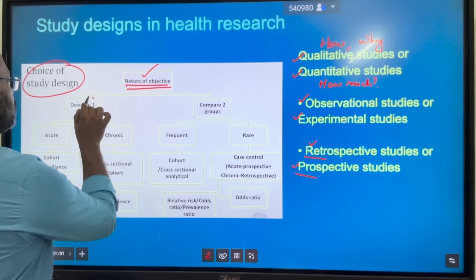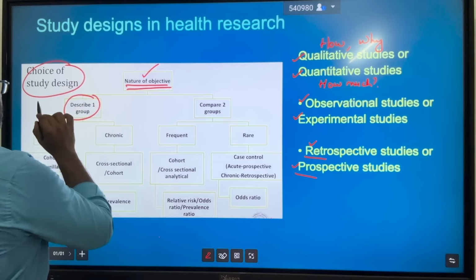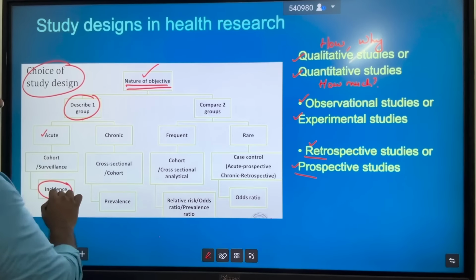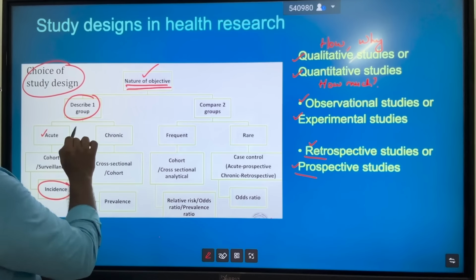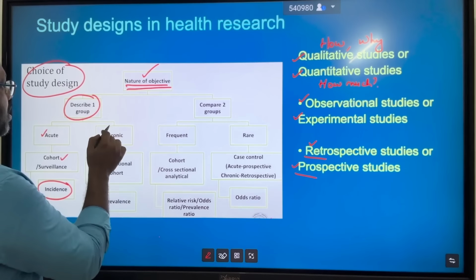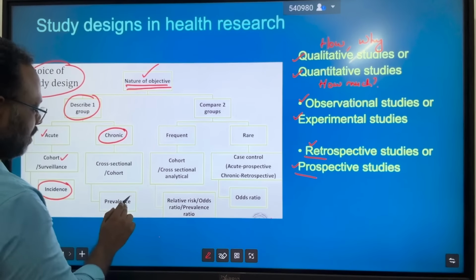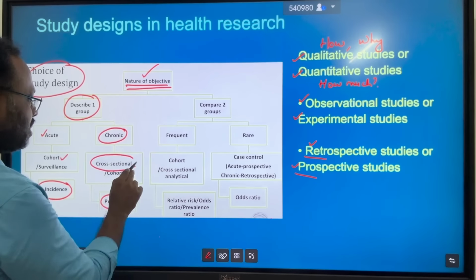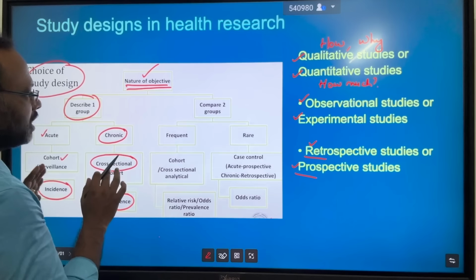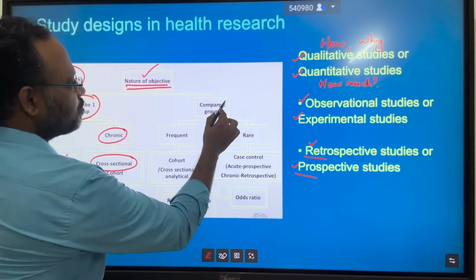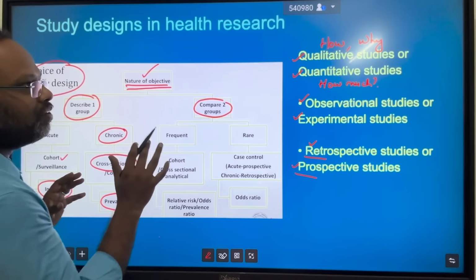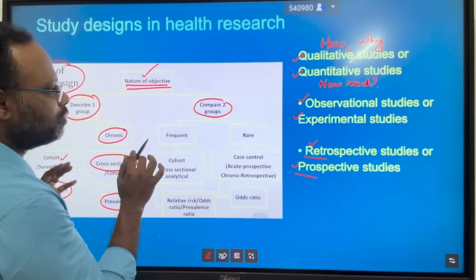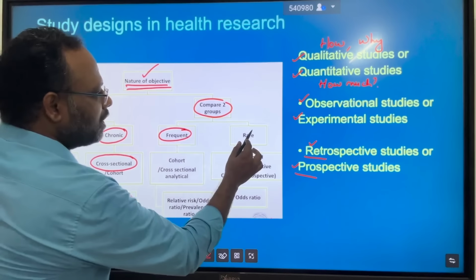If our objective is to describe an acute problem, we will study the incidence. There, we will predominantly look at the cohort studies. If we are describing a chronic illness, then prevalence will be the parameter to study. For this, cross-sectional study will be the most apt study design. And when our objective is comparing between 2 groups, then we have to ask whether we are going to study a common disease or a rare disease.